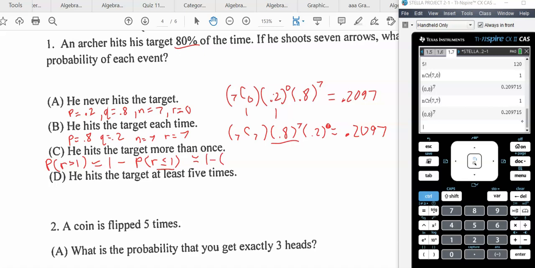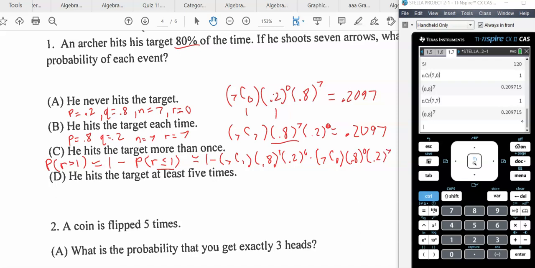this is going to be NCR, so 7 choose 1, times you hitting the target, so 0.8 to the first, times 0.2 to the sixth, times NCR again, so 7 choose 0, times 0.8 to the 0, times 0.2 to the 7th.